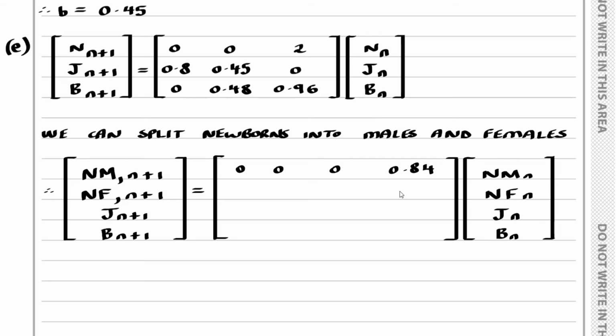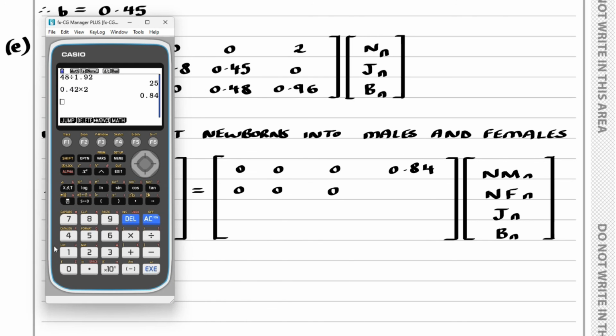Now let's think about the females. We've got the same situation where we'd have the 0, the 0 and the 0, but then we've got 58% of this 2, which will give us the number of newborn females. So I've got to subtract this, which is 1.16.